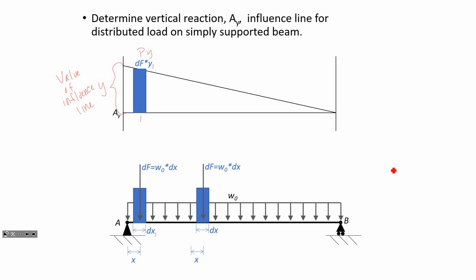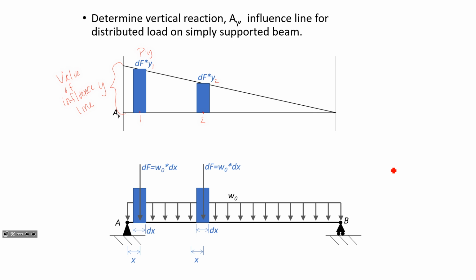My df is actually still the same because the width is still the same and the applied load is still the same, but it has less of an influence on my reaction at A. It still has some influence though, right? I'm using superposition here. I can add stuff together. Now my vertical reaction at A is df times y2 at that point 2.